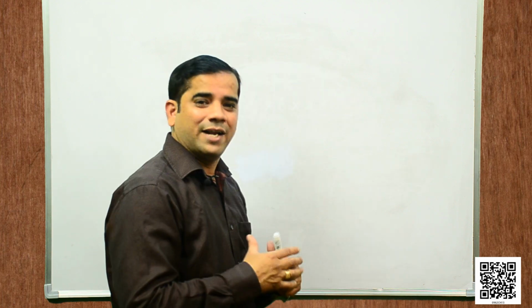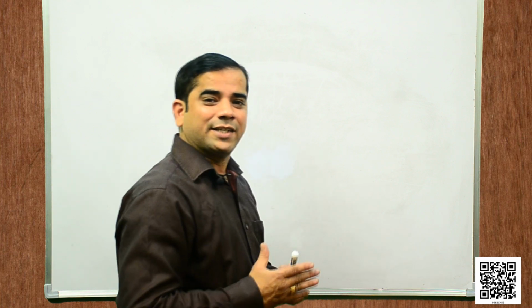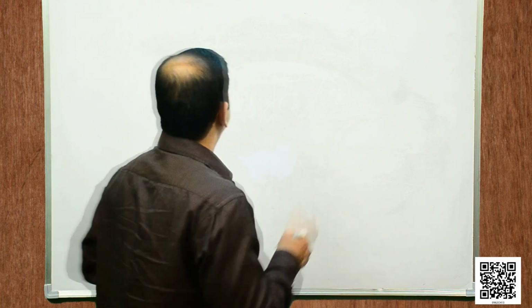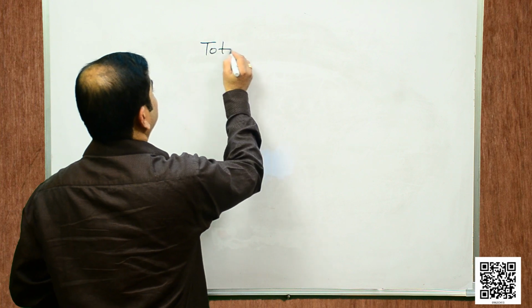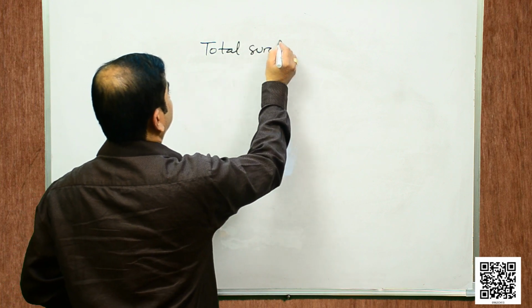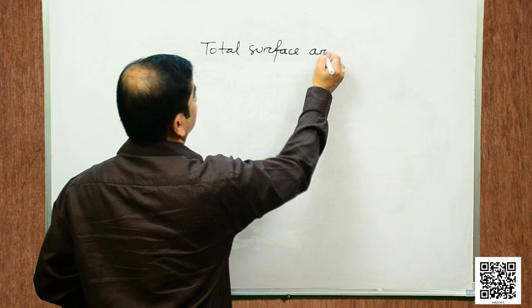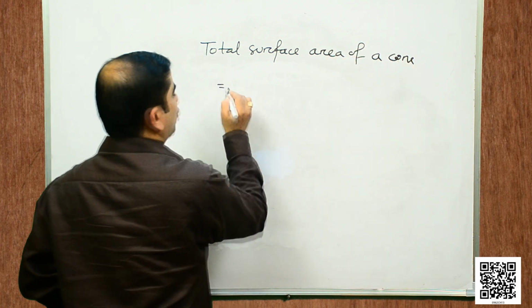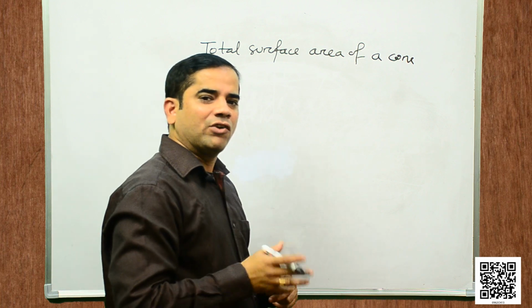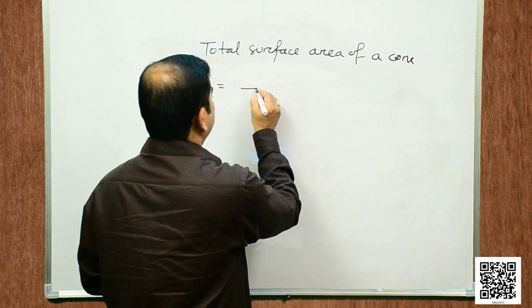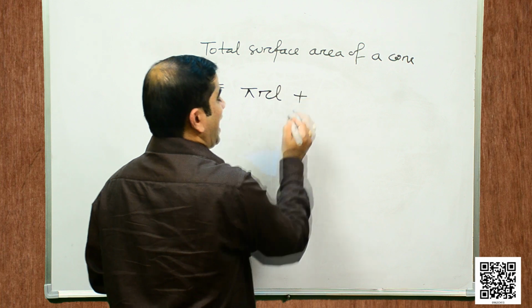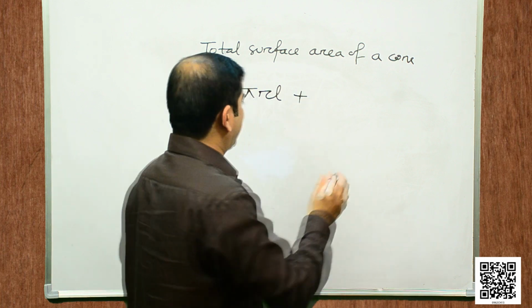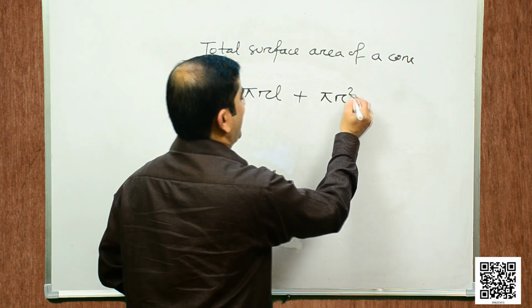So, students, what should be the total surface area of the cone? Total surface area of a cone is equal to, first we have found out the curved surface area, that is pi r L, and area of the base, that is pi r square.